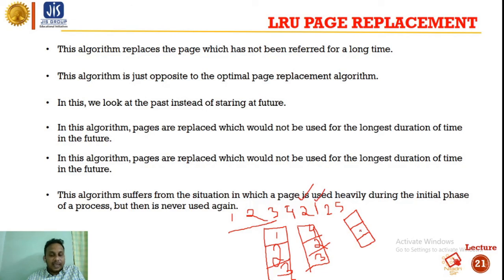But in this case, 2 will not be replaced, because 2 has been used just before the 1. 2 may have been used previously, but 2 is also used recently. So among 4, 2 and 3, 3 has been used longest ago. The use of 3 is oldest, so 3 will be replaced by 1.